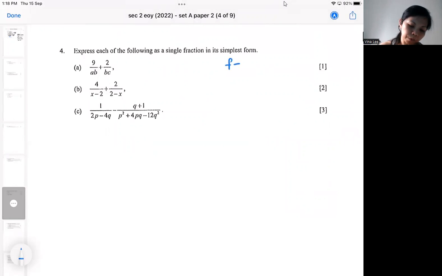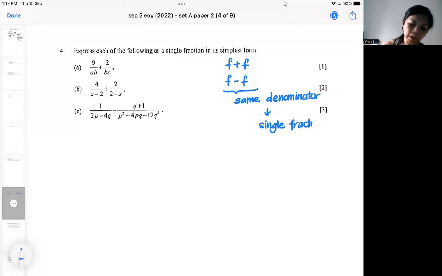When we do fraction plus fraction, fraction minus fraction, generally we need to make same denominator, because it will lead you to a single fraction. But sometimes, before making same denominator, you have to factorize first. So back to the factorization idea.